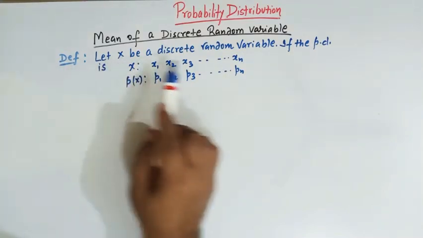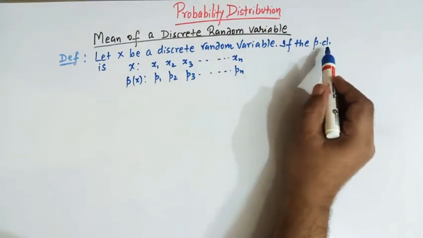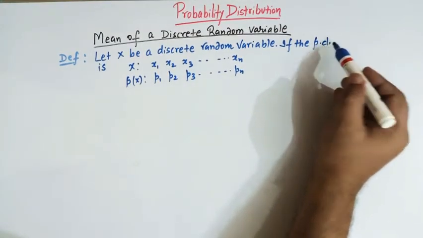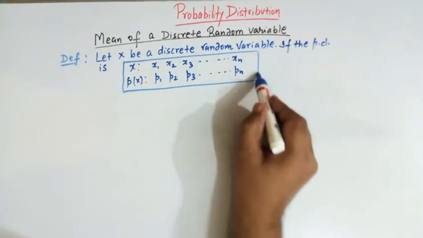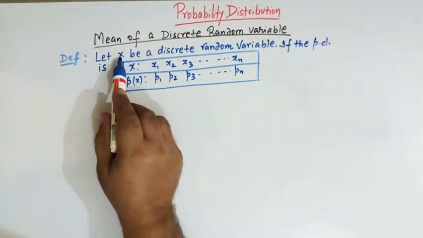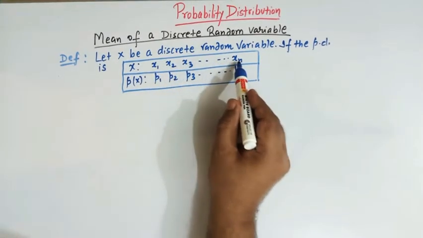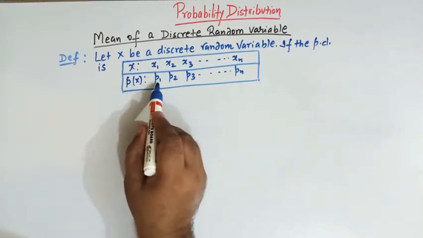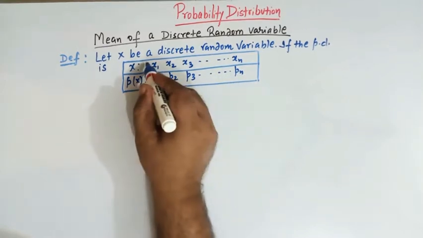So let x be a discrete random variable, and if the probability distribution, here PD means probability distribution, is given by this table, we see that the random variable x takes the values x1, x2, x3 up to xn, and the corresponding probabilities are p1, p2, p3 up to pn.